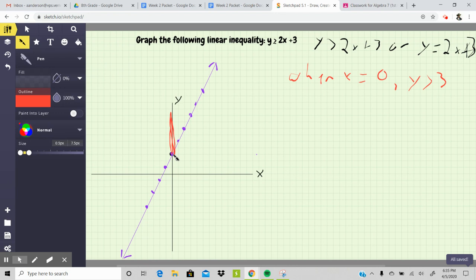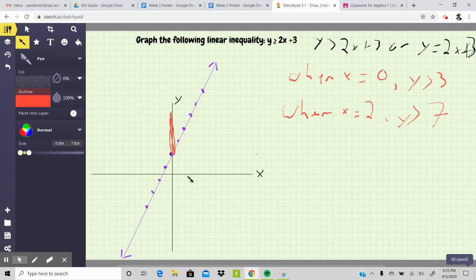Another nice point to try, let's just try when x is equal to 2. When x equals 2, y is greater than, let's plug 2 in for x, 2 times 2 is 4, plus 3 is 7.